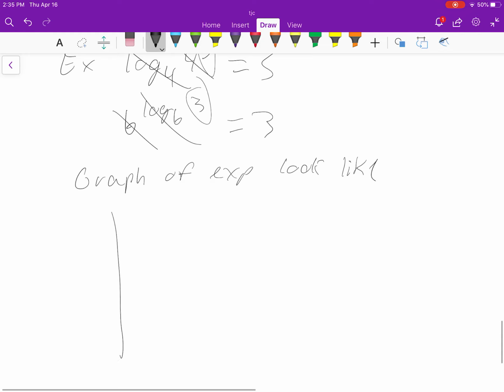So let's look at y equals 2 to the x. This is your standard exponential function. Let's look at its coordinates for x and y. We remember this from last time. I'll just write it down quickly here.